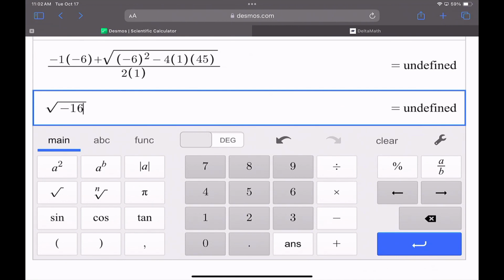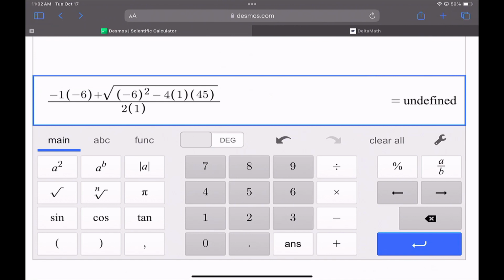The reason the calculator is saying that is because when I simplify what's underneath the root, I'm going to get a negative. I don't know if it's going to be 16, but it's going to be a negative. That's the difference here. We can't just get our answer because there's a negative inside of here.